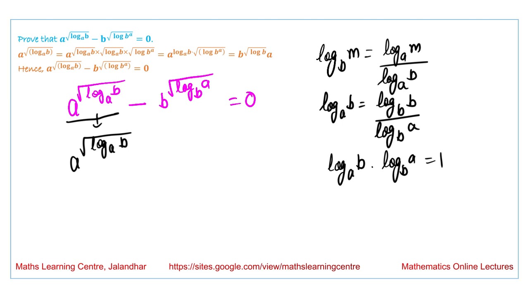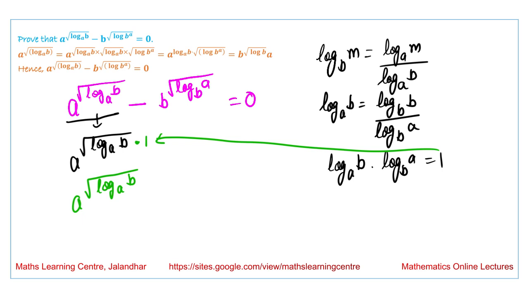So we are considering that we have into 1 over here, and in place of this 1 we are substituting this value. So we get a into square root of log ab into square root of log ba into square root of log ab.